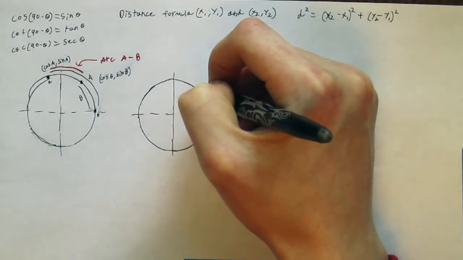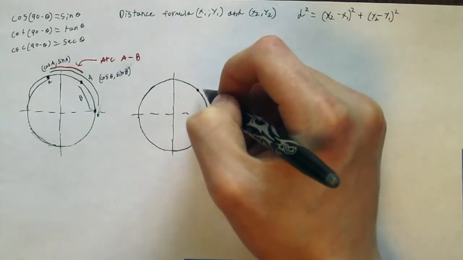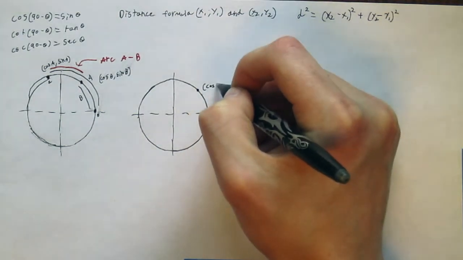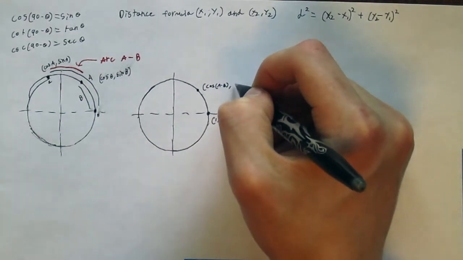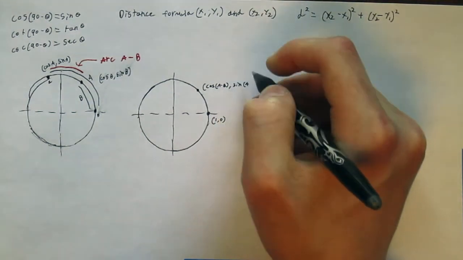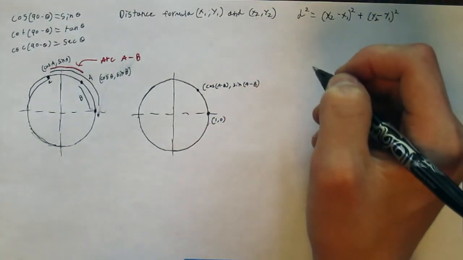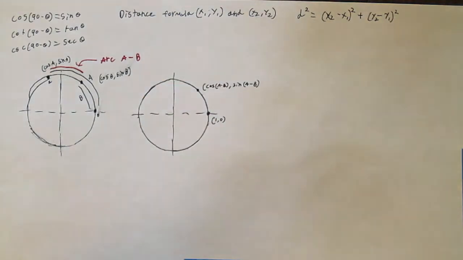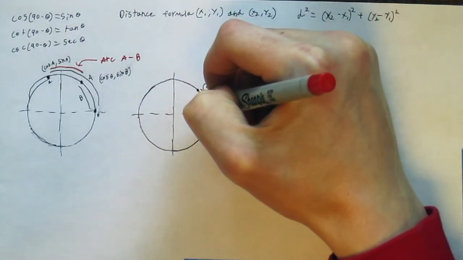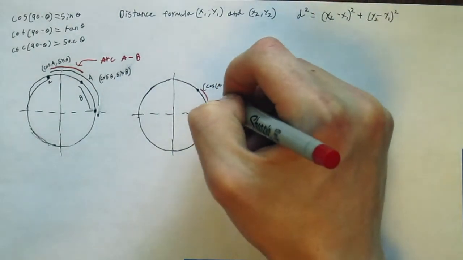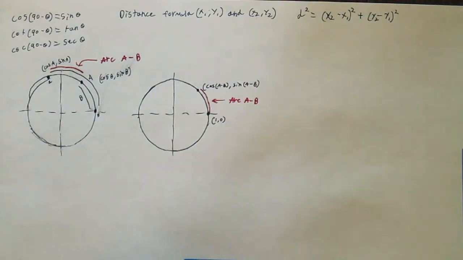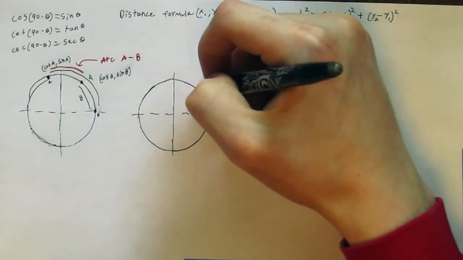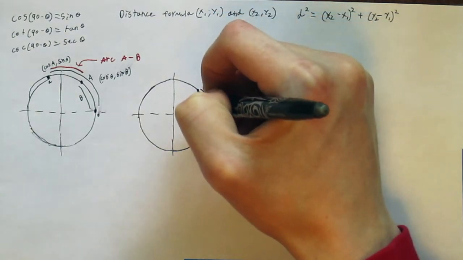And so now this point, which used to be point A, is now cosine of A minus B, because it's the new location, comma sine of A minus B. And so this arc right here is the same as this arc over there, and this is arc A minus B. So now, this distance right here is d.